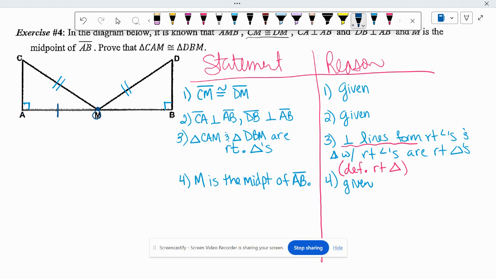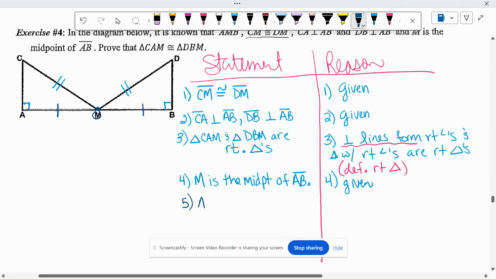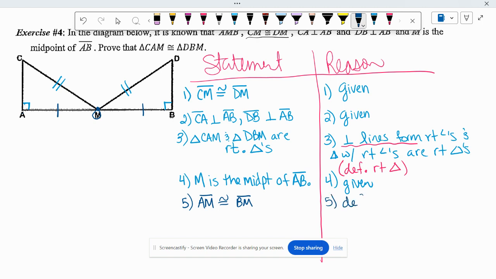We know that segment AM is congruent to segment BM. And that's just the definition of a midpoint. So let's see. We said that we had right triangles.